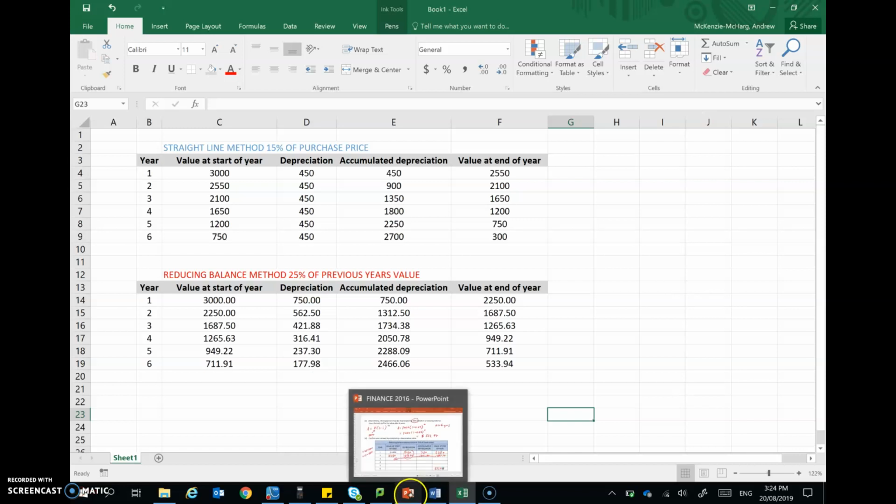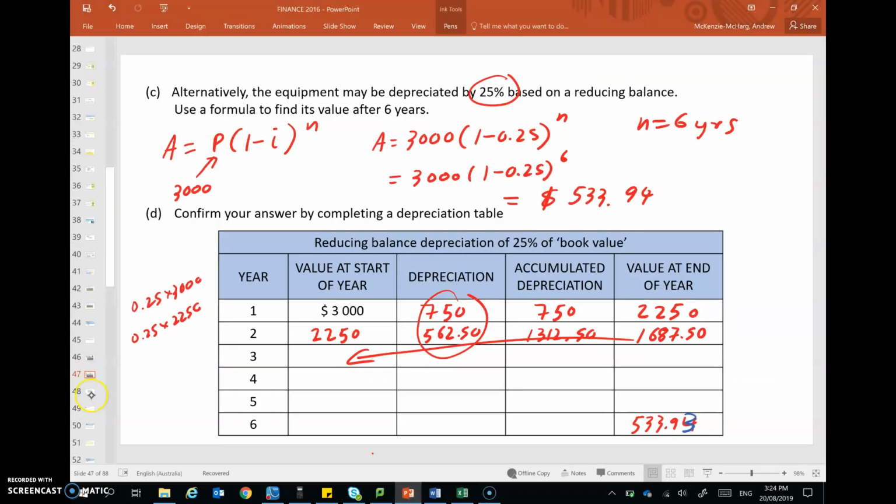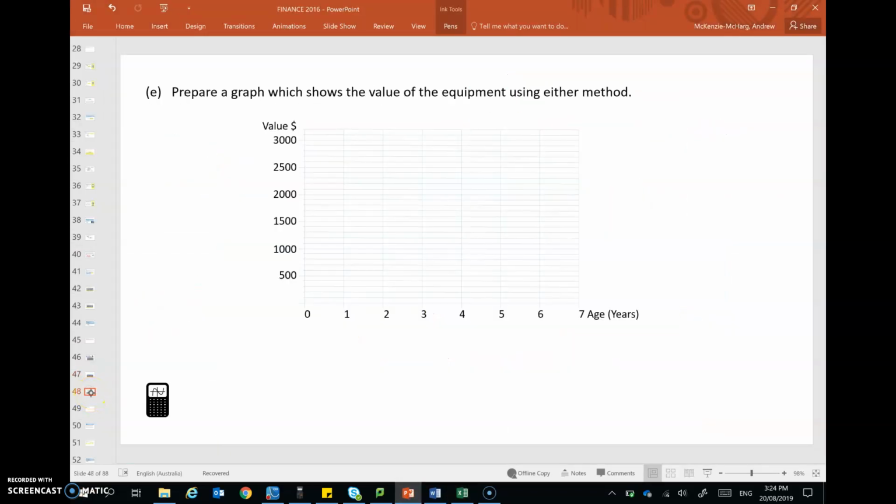Right. So what else do they want us to tell them? Oh, they want a graph showing the value of the equipment using either method. Righto. So the straight line method starts out at $3,000, and after 6 years it's worth $300.